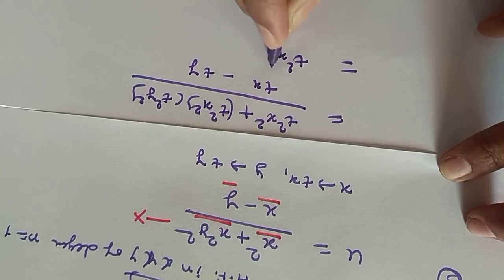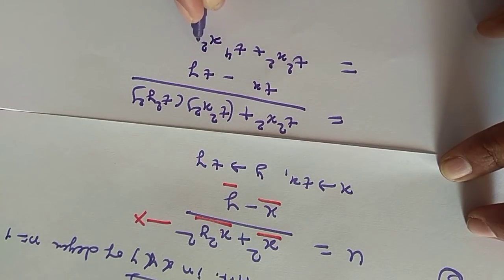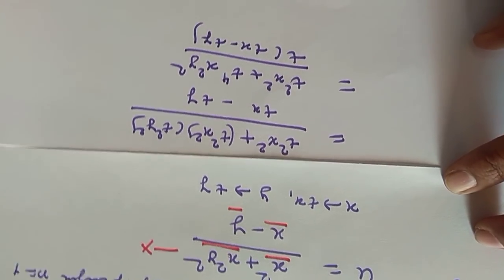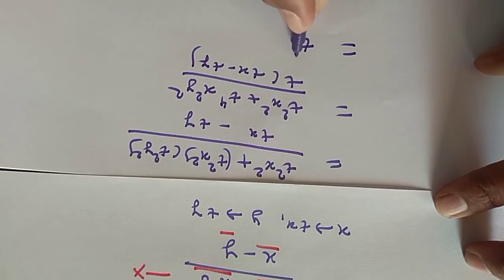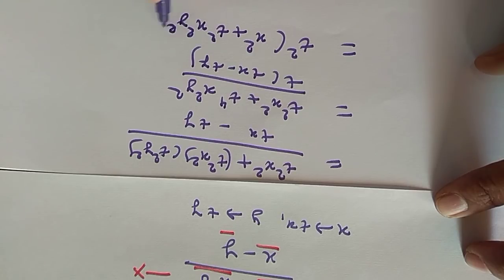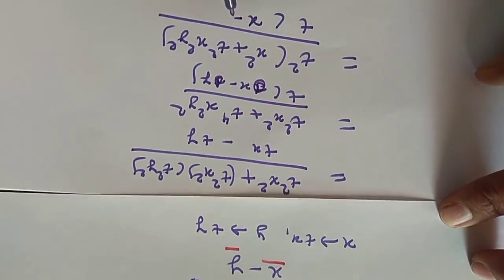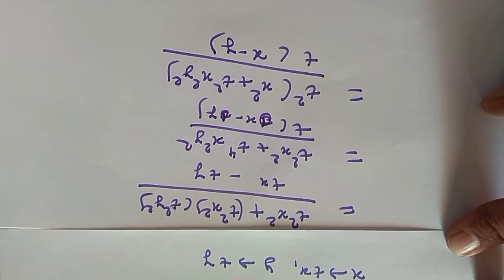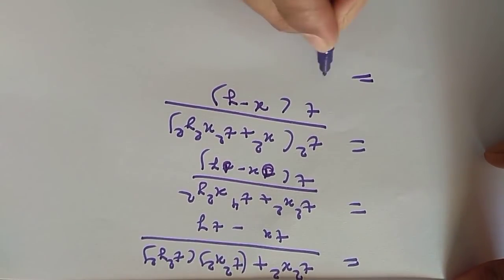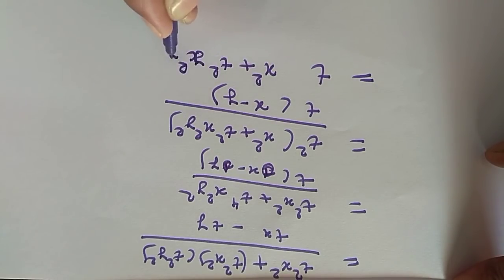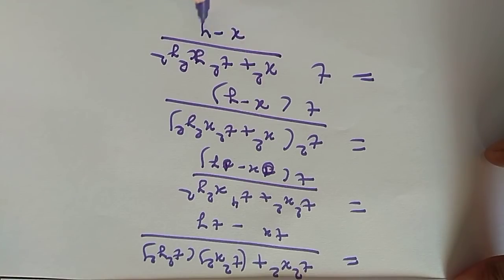This is equal to (t square x square plus t raised to power 4 into x square y square) divided by t into (x minus y), which is equal to t into (x square plus t square x square y square) divided by (x minus y).